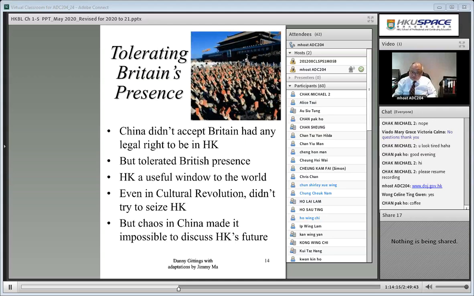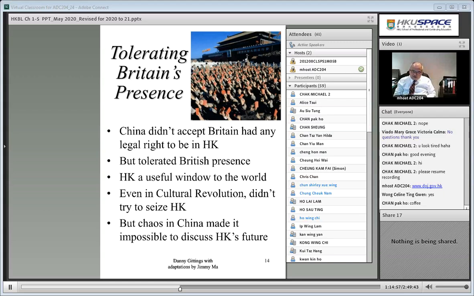And then, as far as China is concerned, it was taking the position of only tolerating Britain's presence, never accepting that Britain has a right. And of course, from China's point of view at that time, it was undergoing a difficult time itself, and Hong Kong provided a very useful window for China to enter the rest of the world.